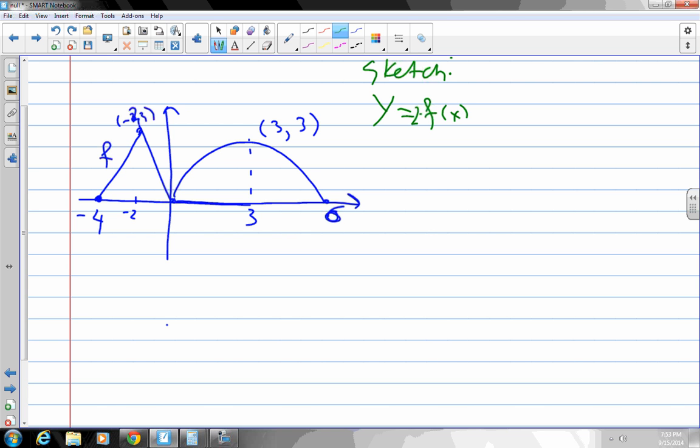And the easy way to do that: your x-intercepts are going to remain x-intercepts, because you double the 0, it's still 0. But this point, -2, 3 will become -2, 6. This point, 3, 3 will become 3, 6. So the graph will do something like that. It's just stretched vertically by a factor of 2. Every y value got doubled, with some extent of accuracy, but that's the idea.